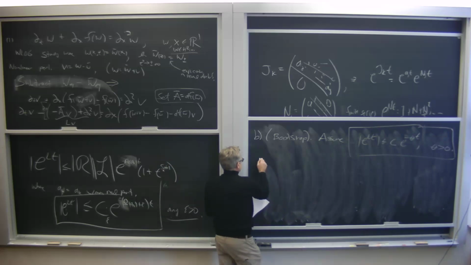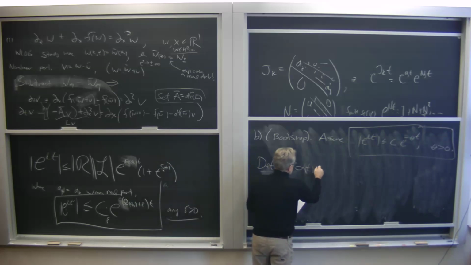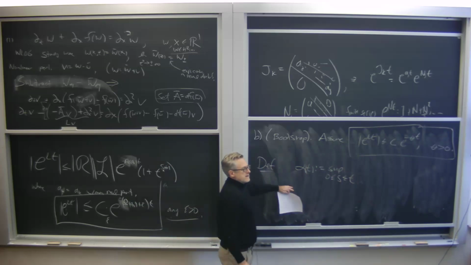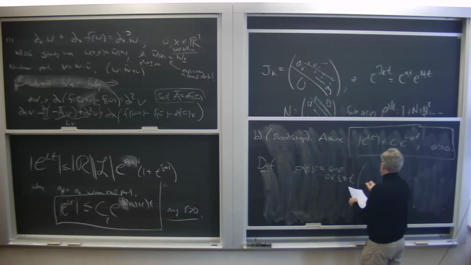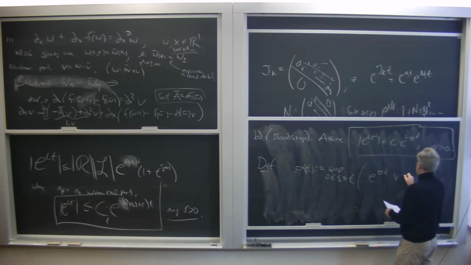Okay, so now I'll define alpha of t to be the supremum for 0 less than or equal to s less than or equal to t of e to the theta s v of s.